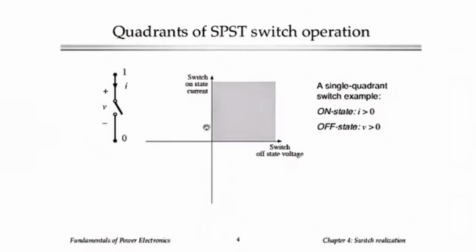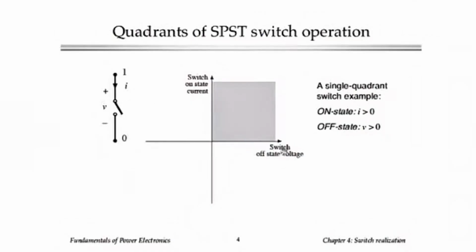And this can be a function of duty cycle. Also, it's a function of the load current. So again, we have to see what the on-state current is and how it varies with duty cycle, or whether it can be positive sometimes and negative at other times. So let's begin here.